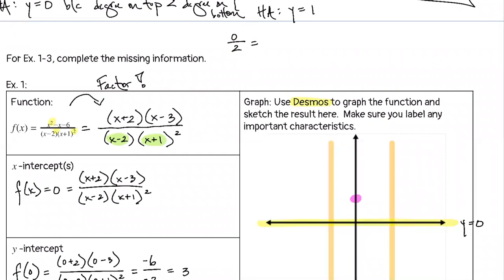What's 0 divided by 2? Good. It's 0. Okay. What about 0 divided by pi? Yeah, 0. Okay. What about 0 divided by negative 11?